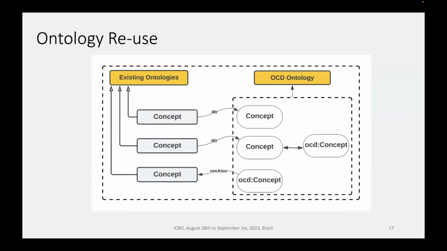The second strategy is when a concept is well defined in an existing ontology, but we need to do some refinement for the concept. Then we create our own class, giving our own definitions to the class, and we keep a link to the predefined class using OWL equivalent to.